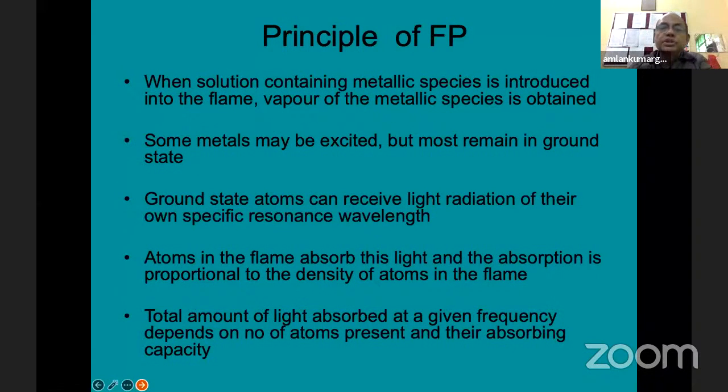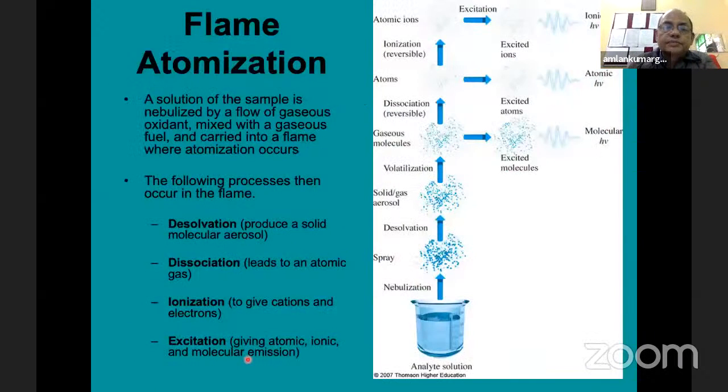Now, what is the principle on which a flame photometer works? We have the solution of that element which we want to measure, and we spray a solution of fine particles in, say, gaseous form, and we nebulize it just like spraying perfume. So you have small droplets.